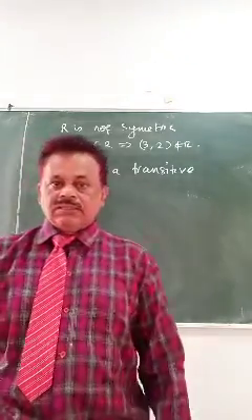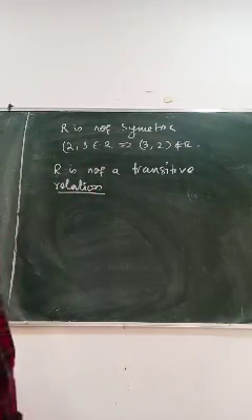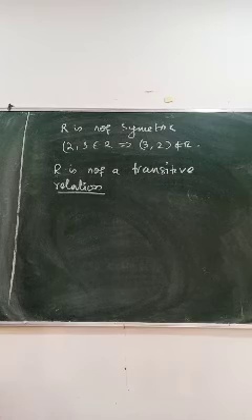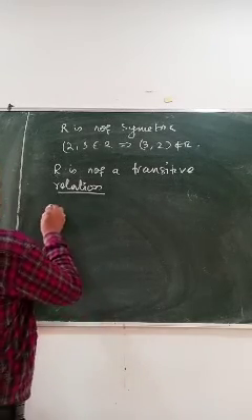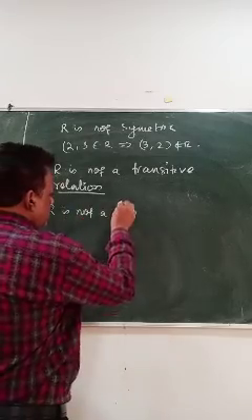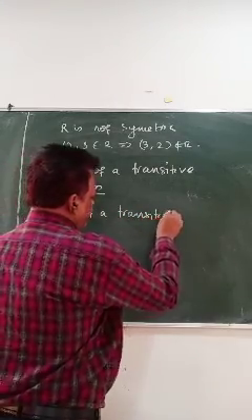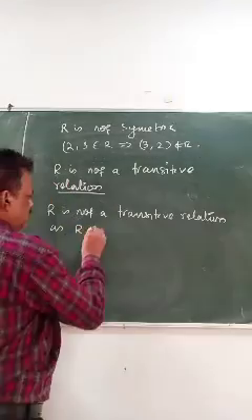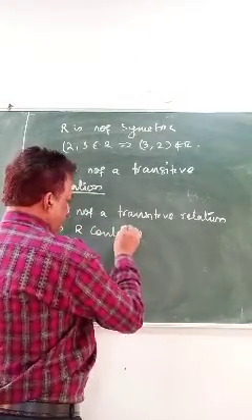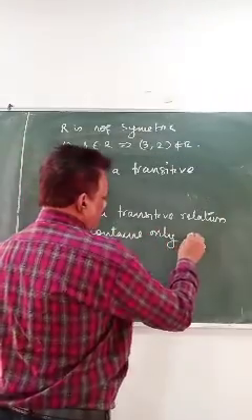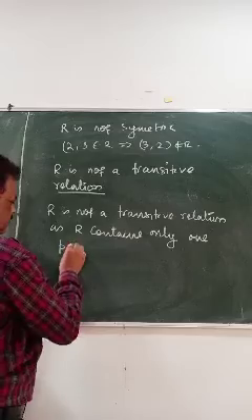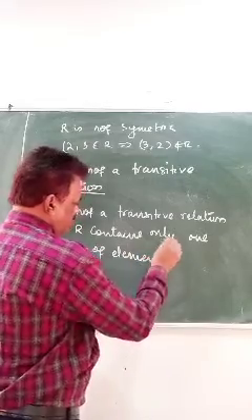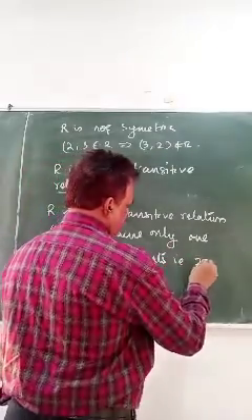R is not a transitive relation because R contains only one pair of elements, that is (2, 3).